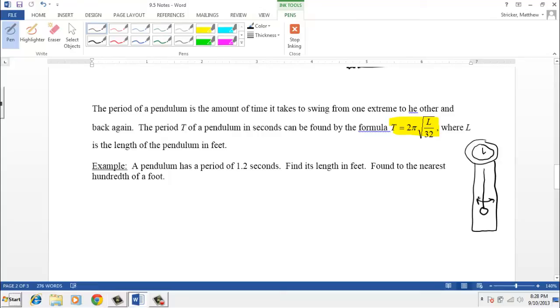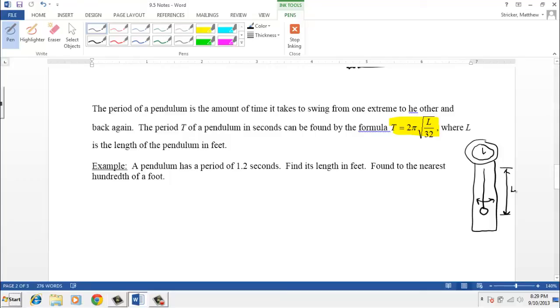It keeps the seconds by the ticking and stuff. So the period is the time it takes to swing from one side and back to the same spot. And then L would be how long the pendulum arm is. So this right here would be L. Hopefully you can picture that a little bit better now.